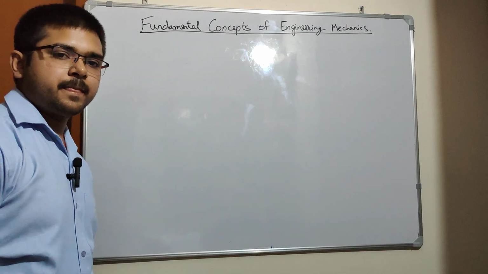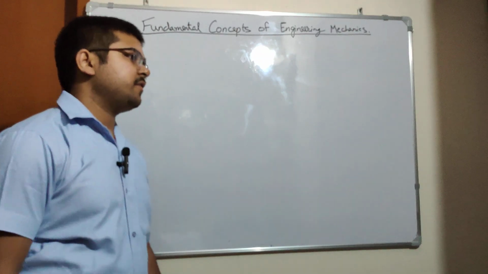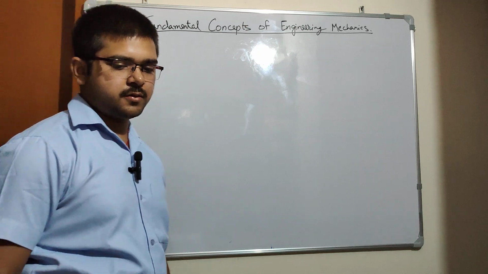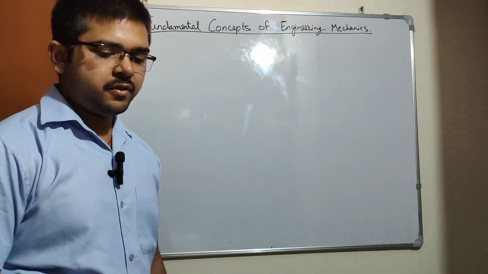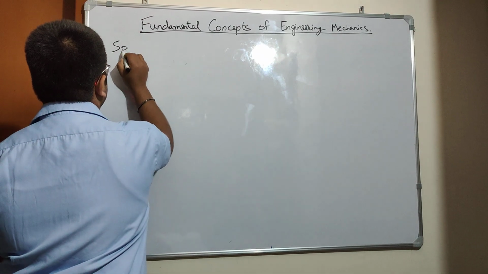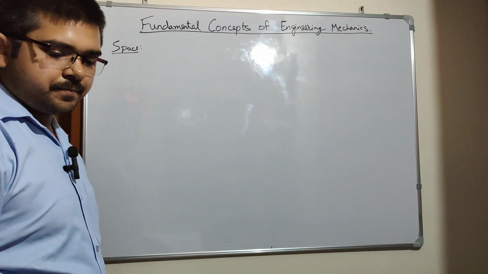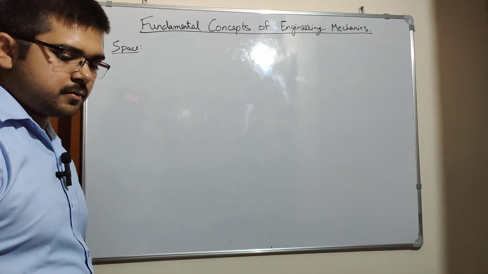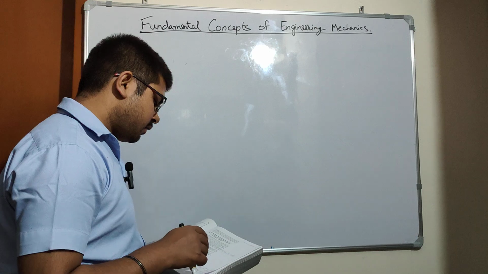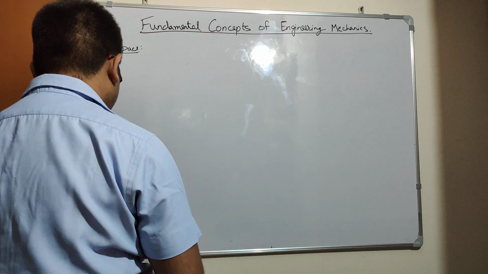What we'll be dealing with in this subject are a few terminologies that we need to understand first. So, the very first one is space. What is space? So space is associated with the position of a point P.